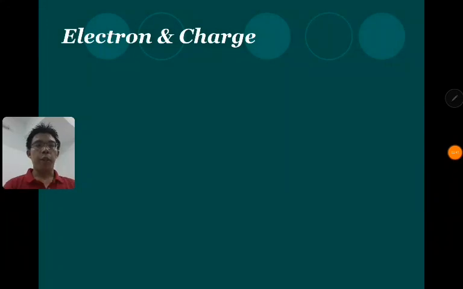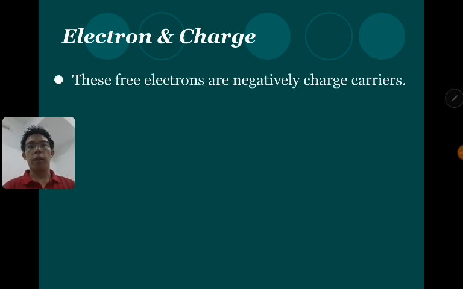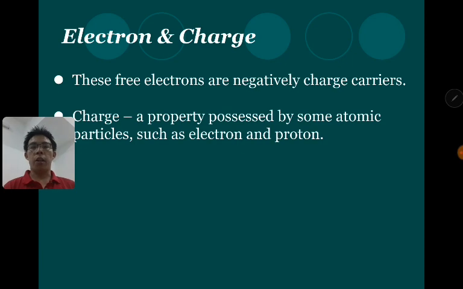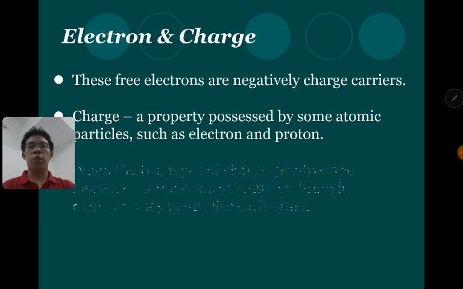Before we go further into the current caused by the movement of the charge carriers, let's look at charge itself. We know that these free electrons carry a negative charge, and charge is a property possessed by atomic particles such as electrons and protons. A proton is positive and an electron is negatively charged.